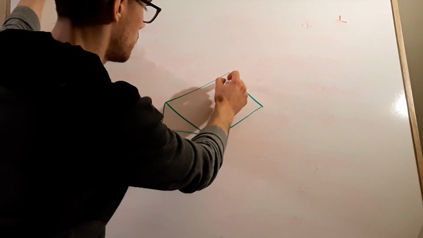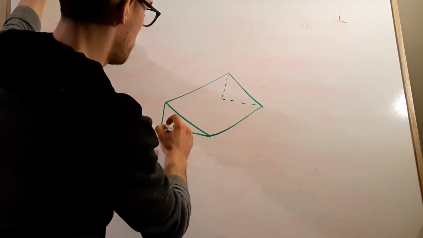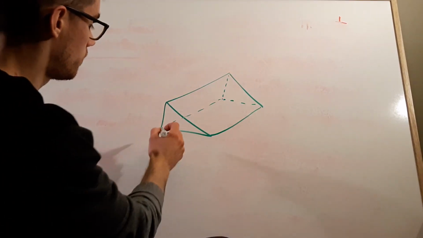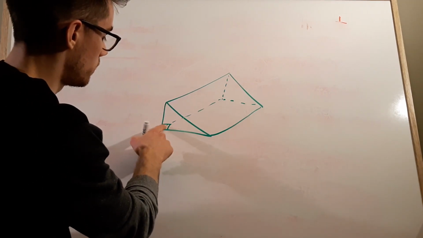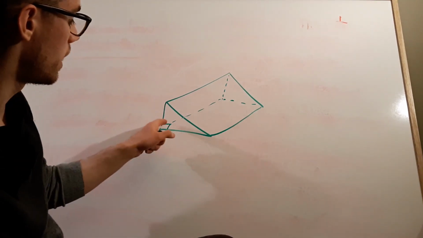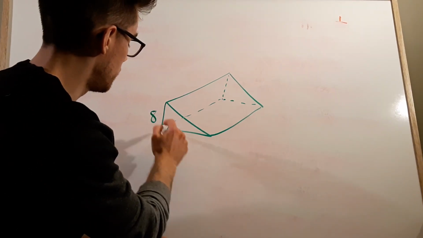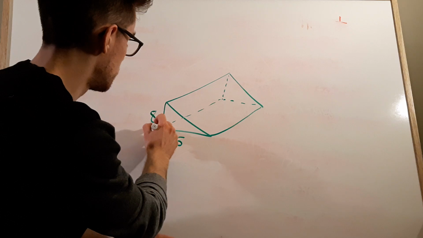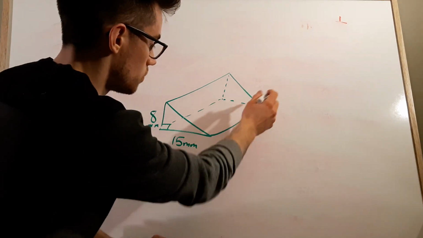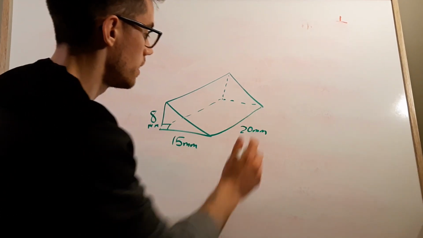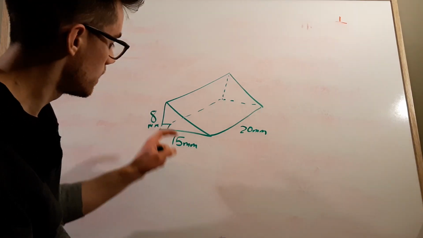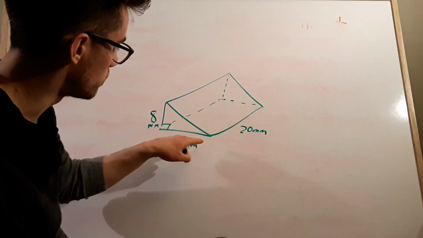Here we have a right angle right there. And let's say in this one we are given 8 millimeters, 15 millimeters, and this one can be 20 millimeters. So this length here is 20.